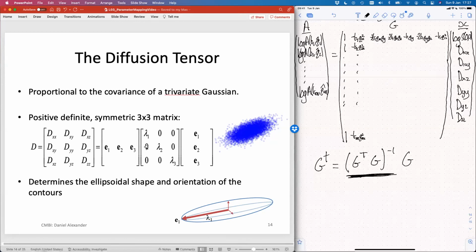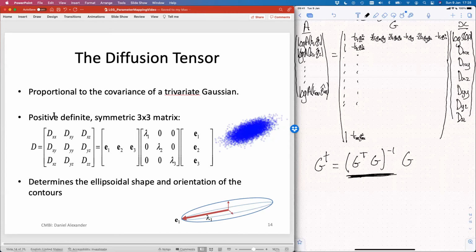And under that assumption, the diffusion tensor is proportional to the covariance of that three-dimensional Gaussian distribution. Now, a Gaussian distribution in 3 dimensions has ellipsoidal isocontours. And these ellipsoidal isocontours are quite a nice way to visualize and think about the dispersion pattern and the diffusion tensor.